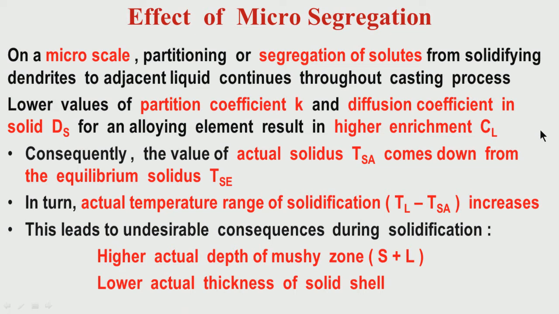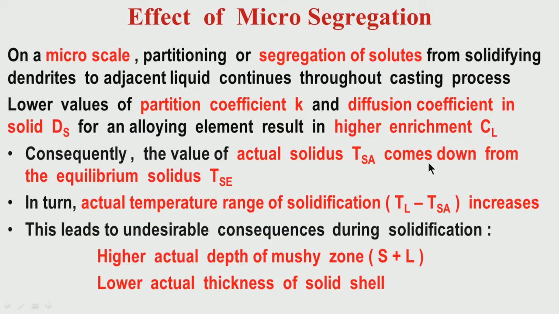So, the final liquid which is solidifying has a much lower temperature. So, the solidus is decreasing; that particular solid which is solidifying is more rich in the alloying elements. So, the last area which is solidifying, which is heavily segregated, has a concentration of all alloying elements relatively more compared to an area which solidified during the early stage of solidification.